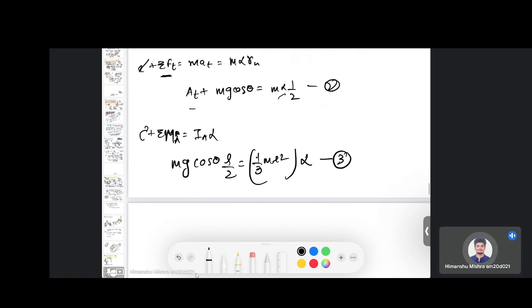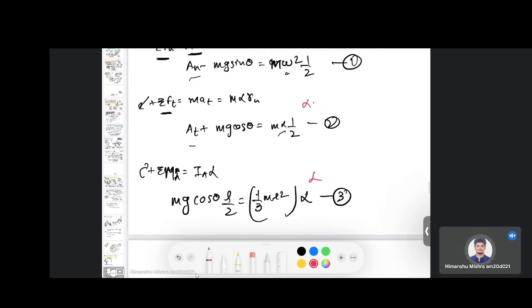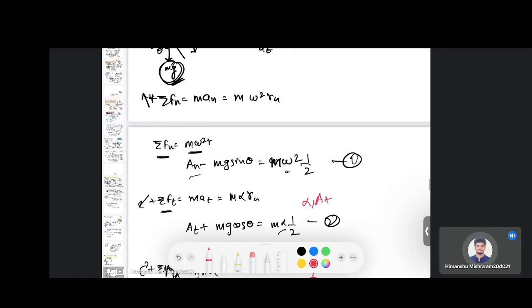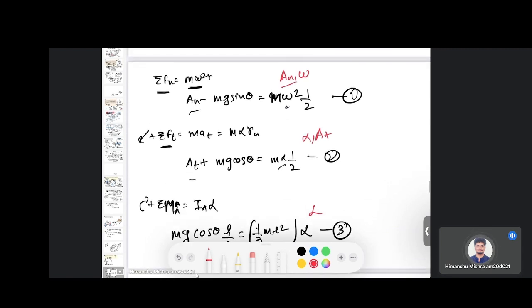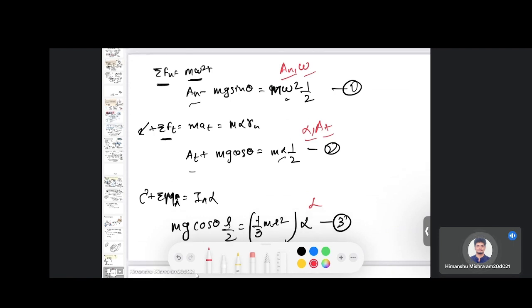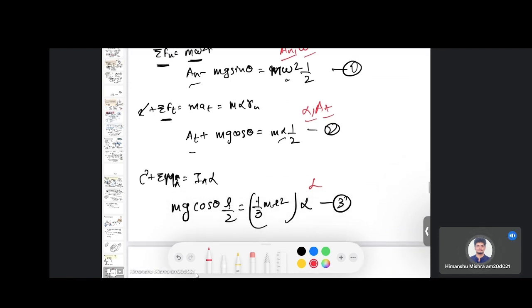So you can see what the unknowns are. In equation 3 it is alpha, in equation 2 it is alpha and At, and in equation 1 it is An and omega. So how many unknowns are there? An, omega, alpha, At. That is 4 unknowns, and we have only 3 equations. Now we cannot use any other dynamical equation.